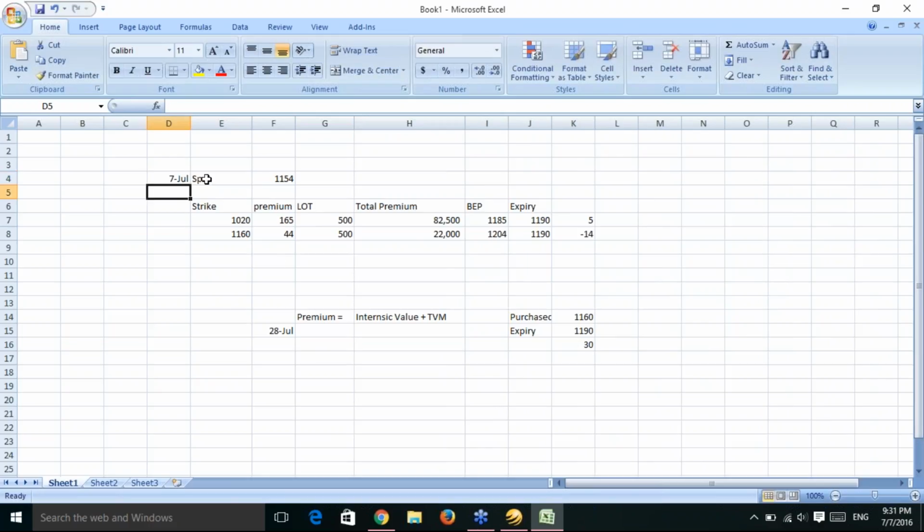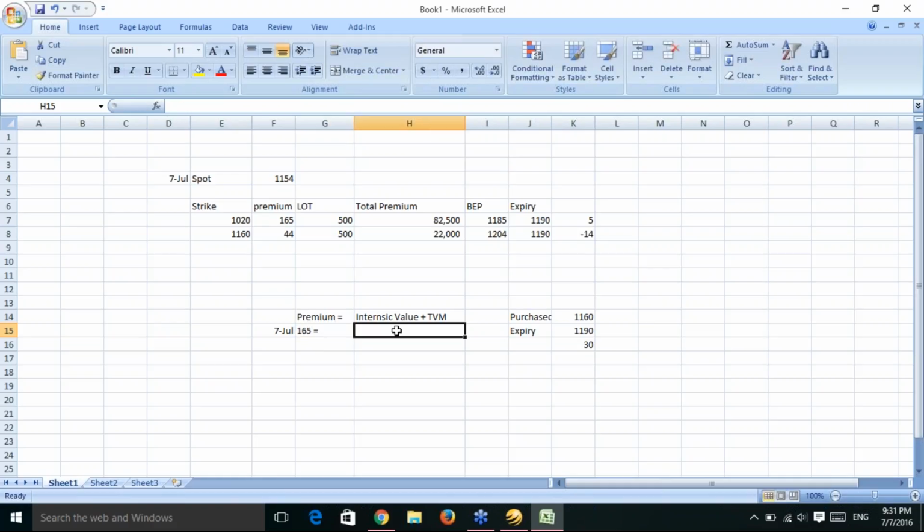Now on 7th of July, if I go to this contract, see carefully here. On 7th July, I am buying this strike price, and the premium, let's suppose for this contract, is 165.